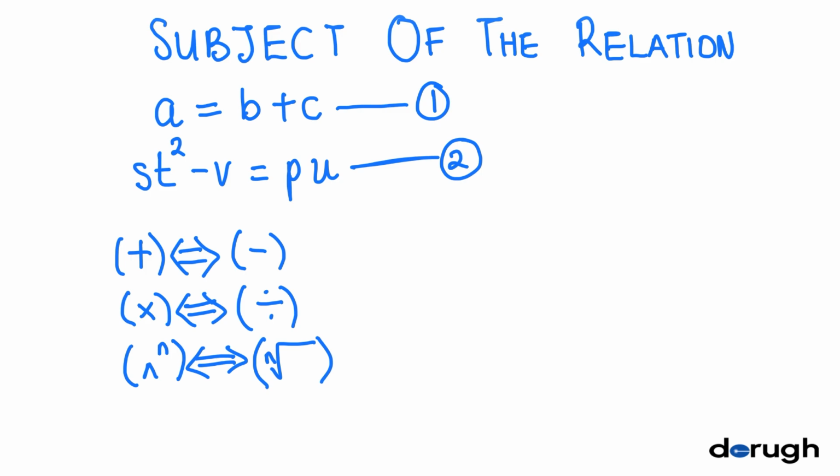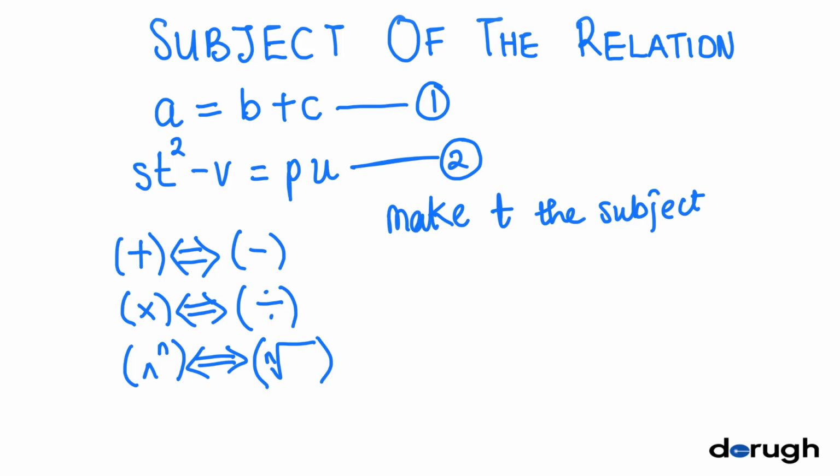Okay, so we're going to do two things. Remember that I said in equation 2 or formula 2, we don't have any clear subject. So how about we try to make T the subject? What does that mean for us?